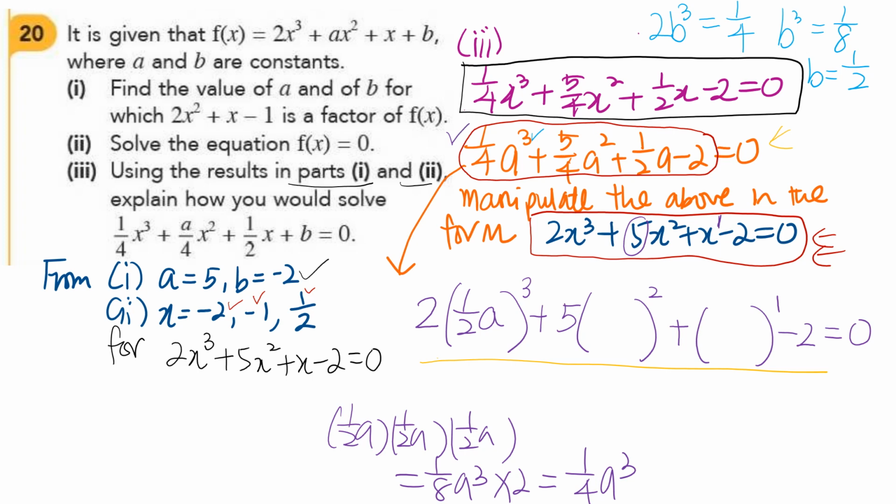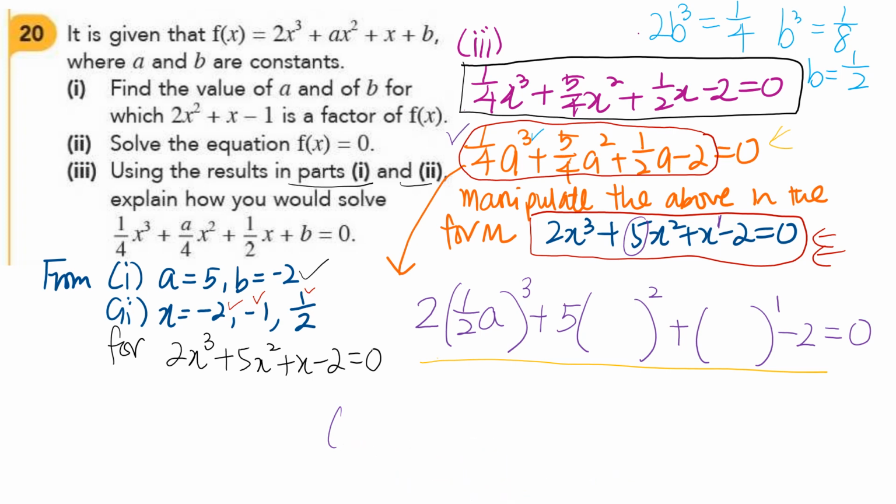So what I've done here is rewriting 1/4 A cubed to be 2 bracket half A close bracket cubed.